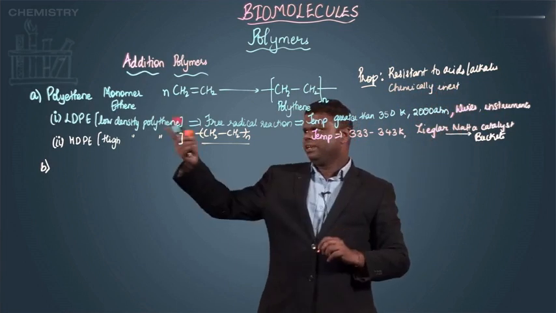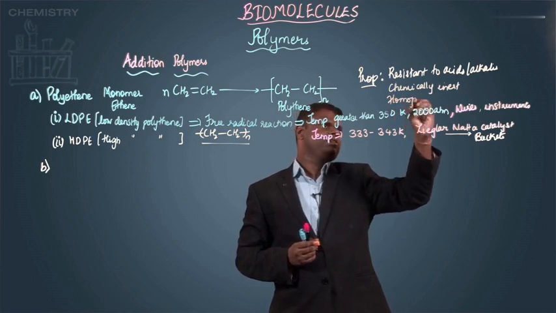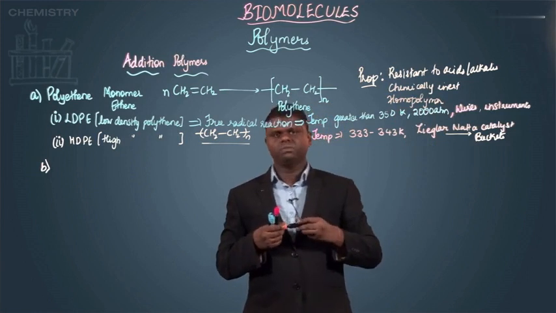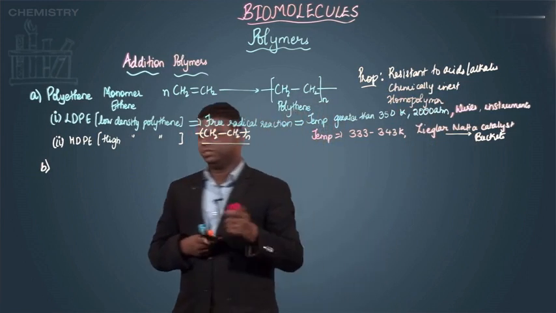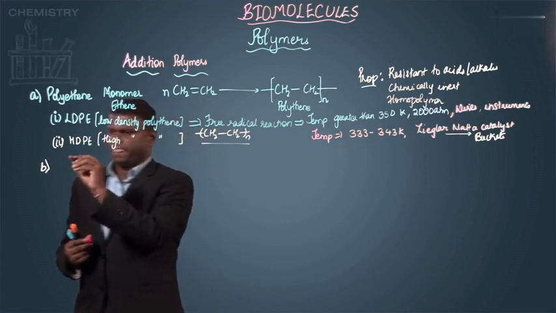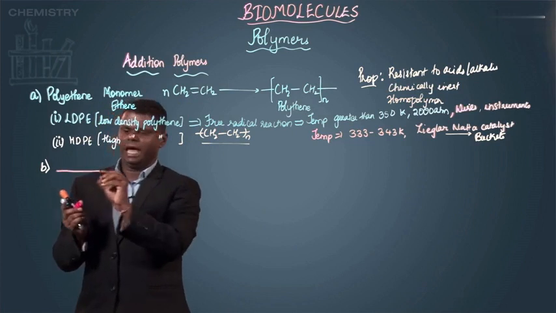You could also say that this is a homopolymer. Low density is mainly a branched polymer, but it depends. Now the next one, I'll leave the name blank.